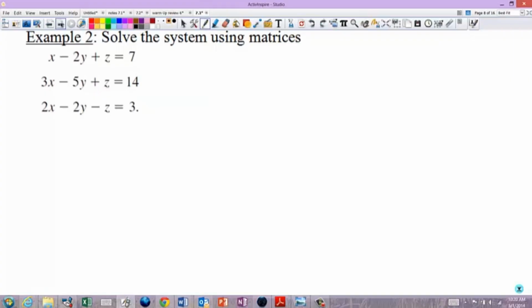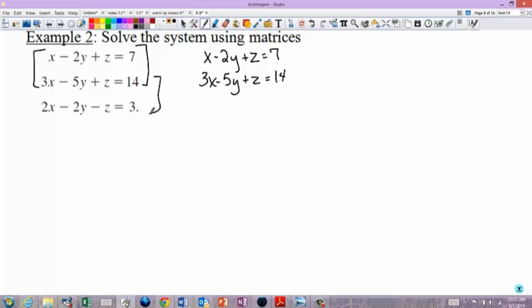What we're going to do is we're going to eliminate, we're going to use the top 2 equations. I'm going to group the top 2. Then I'm going to group the bottom 2. And I'm going to eliminate the same variable from both equations.